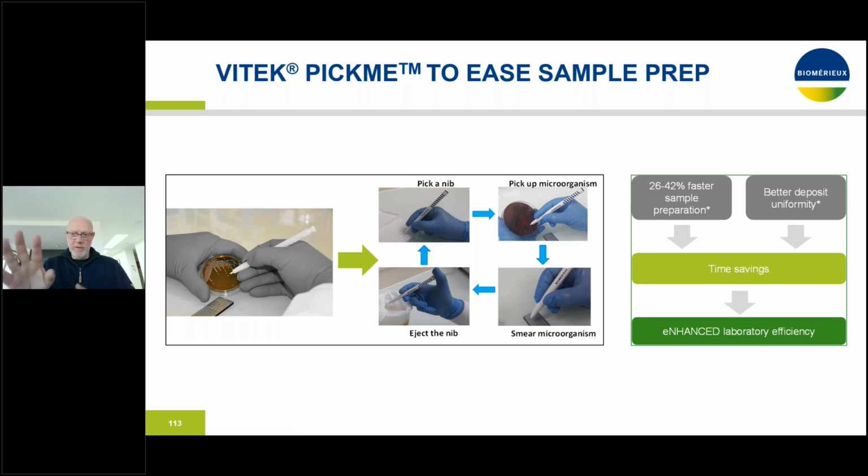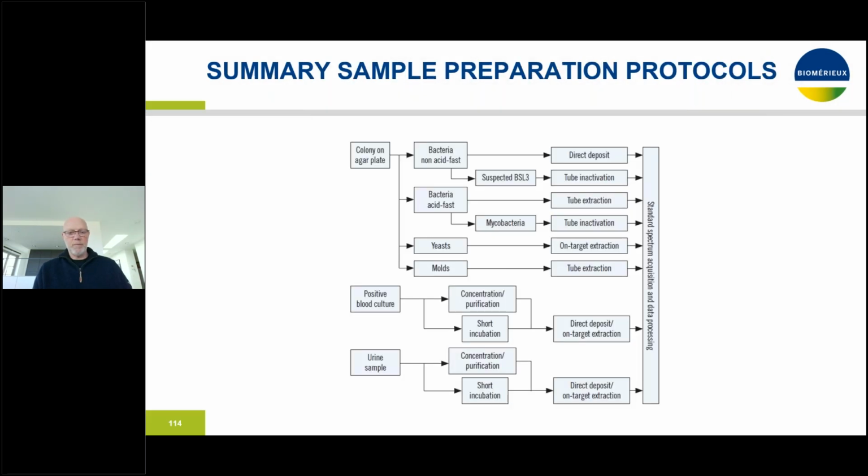And this method, which we validated in several customer laboratories, is 20 to 40% faster. And that's probably even more important: the bacterial deposit on the slide has better uniformity, so you get more reproducible spectra, and with that, enhanced laboratory efficiency.